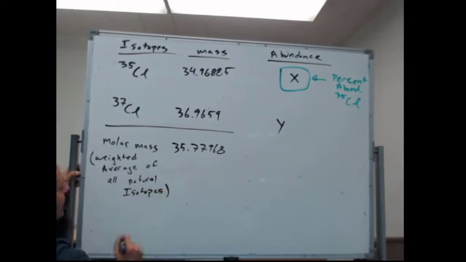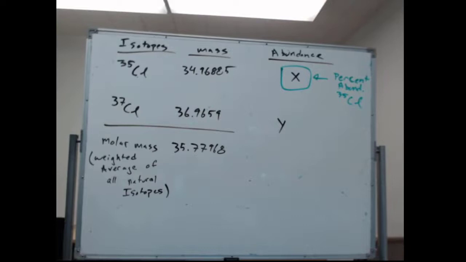I'll read it because my writing is a little sloppy. Molar mass, the numbers reported on the periodic table, is a weighted average of all natural isotopes. It's important that we're reading the textbook, at least the definitions in the back of the chapters we're learning from. So we want a weighted average of all natural isotopes to equal that.